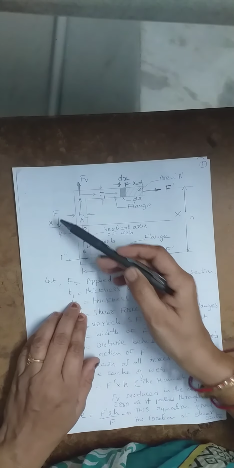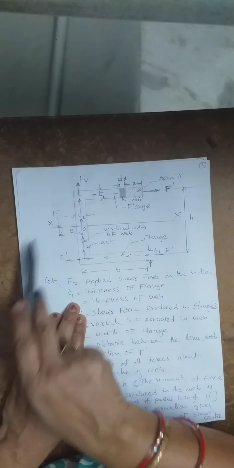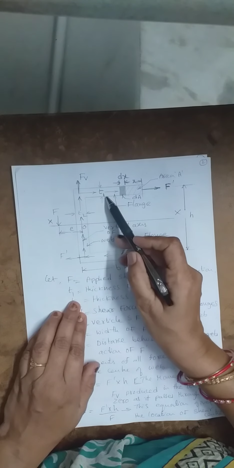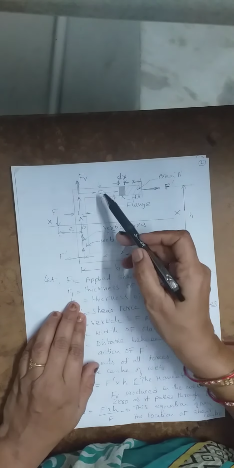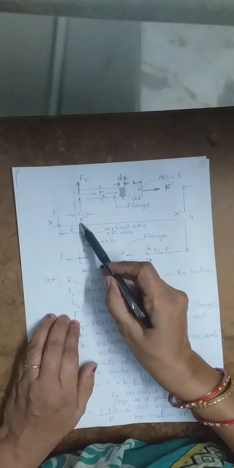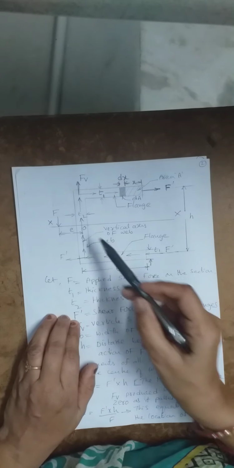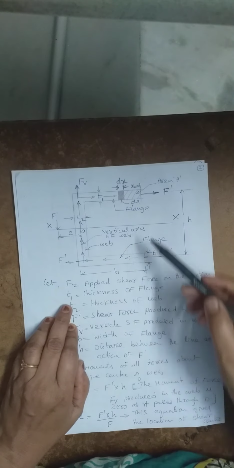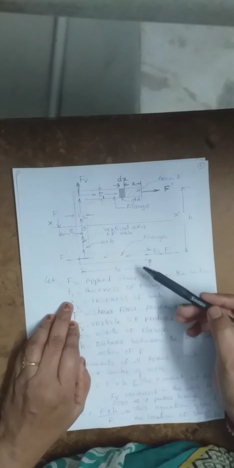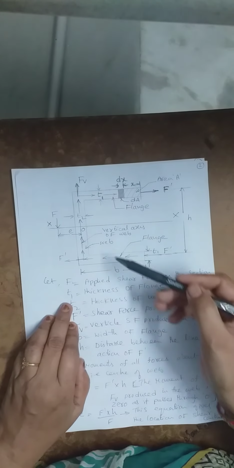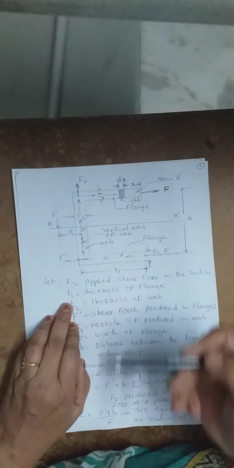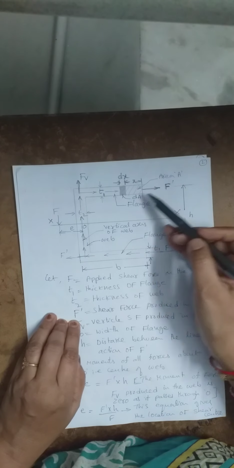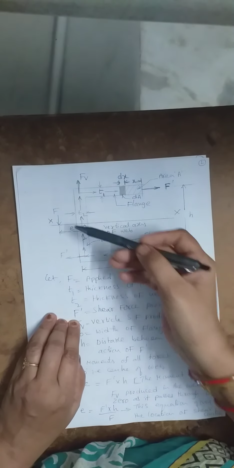Here this is F, the applied shear force acting on this section, and T1 is the thickness of the flanges. These two are the flanges, the top flange and the bottom flange, and this is the web. And this F dash is the shear force produced in the flanges due to the applied shear force.